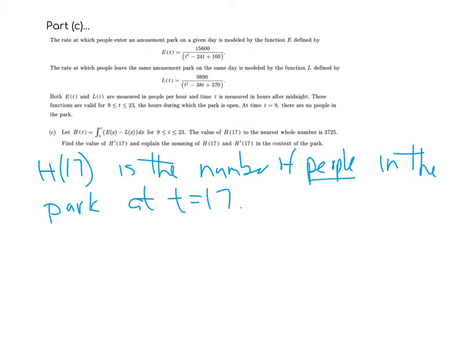So, then we need to figure out, okay, what is h prime of 17? H prime of 17 is going to equal, that's just e of 17 minus L of 17. And when I put that in my calculator, e of 17 minus L of 17.